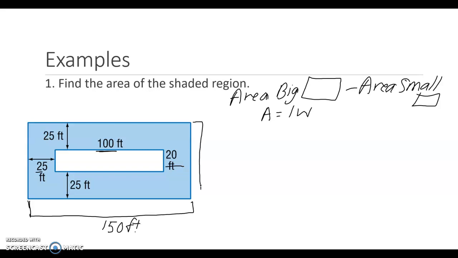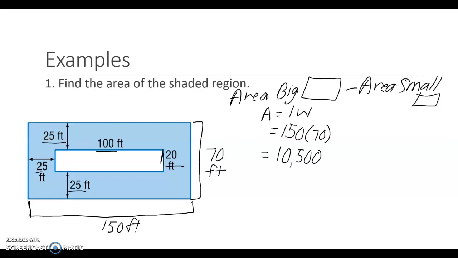When I look at the width, I have this width of 20 in addition to this 25 and this 25, giving me a total length of 70 feet. So now I'm going to substitute in length of 150 feet, width of 70 feet. 150 times 70 is going to give me a total area of 10,500 square feet for the larger rectangle.